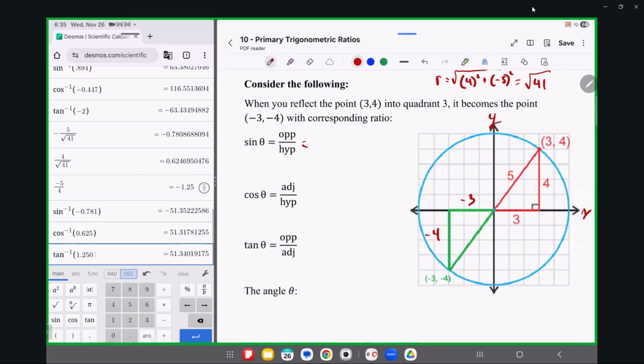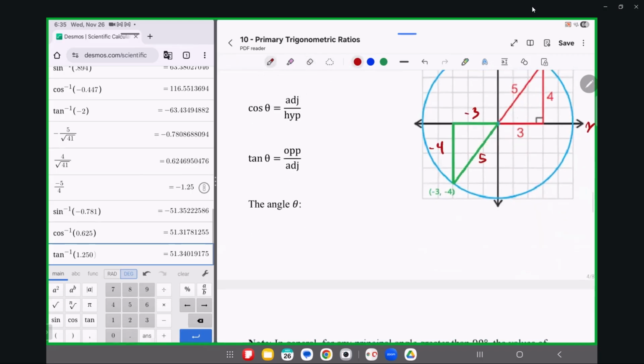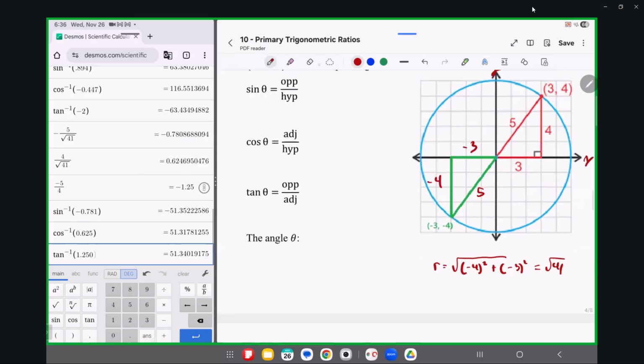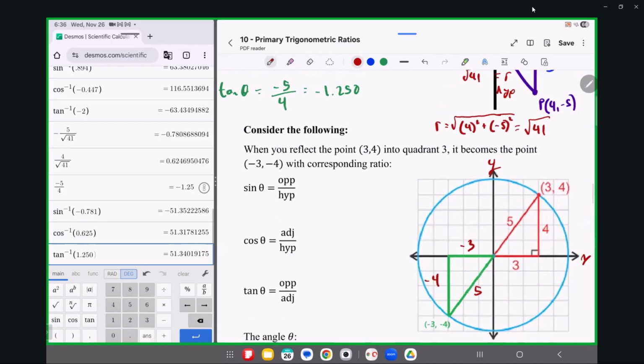So the opposite is -4, and the hypotenuse is still going to be +5. That doesn't change because of the Pythagorean theorem. So r would be the square root of -4 squared plus -3 squared, which is the square root of 25, which is 5. I was thinking of the above question.